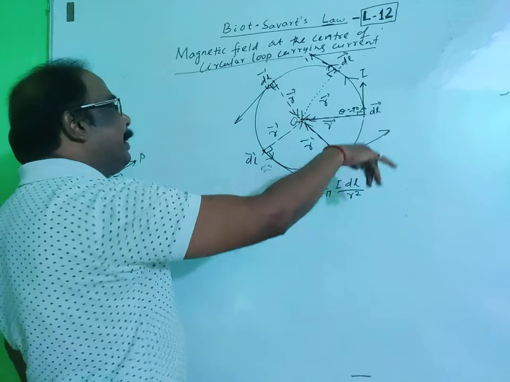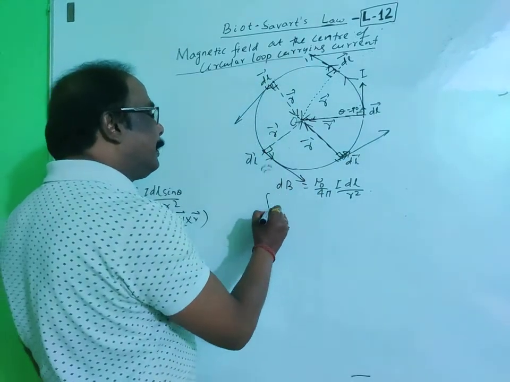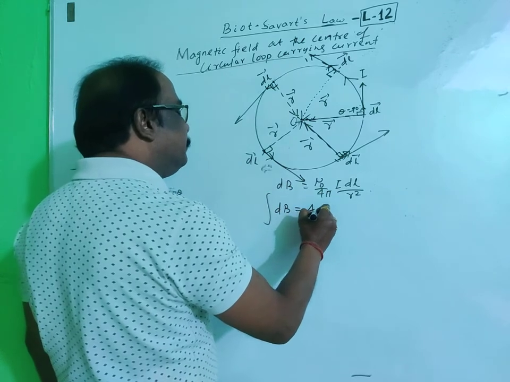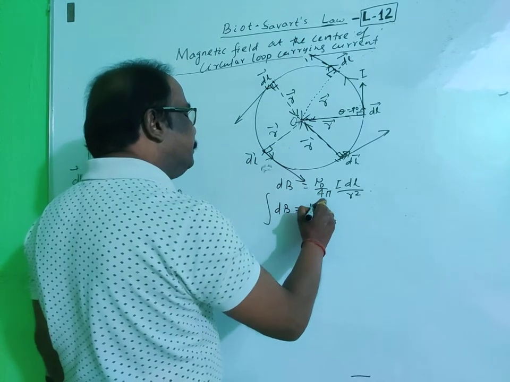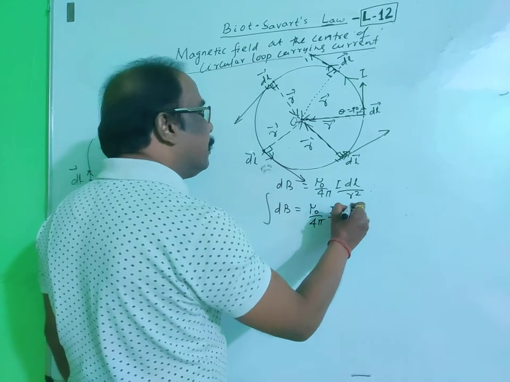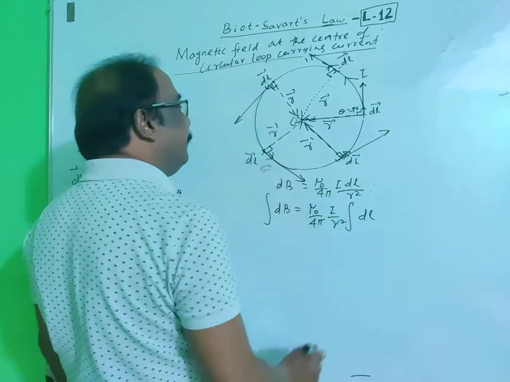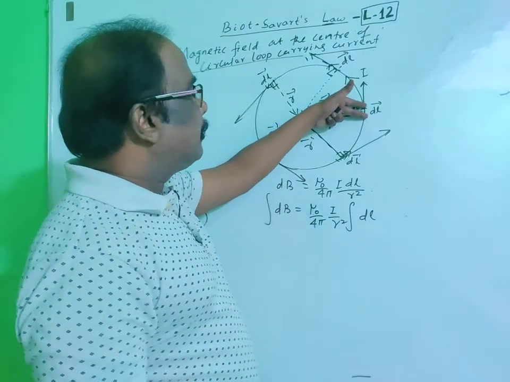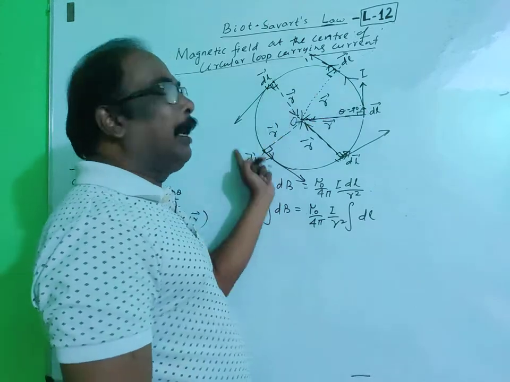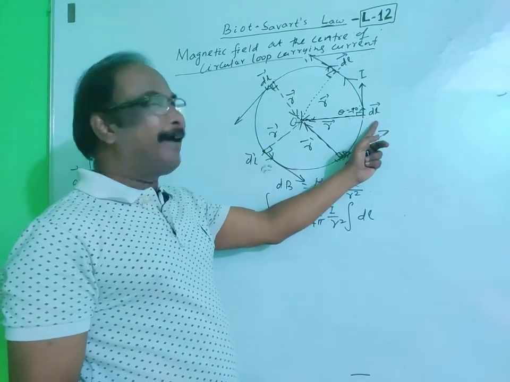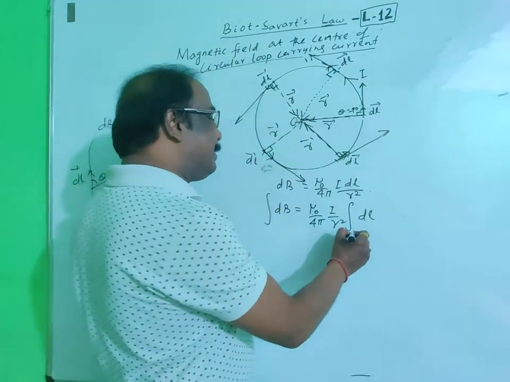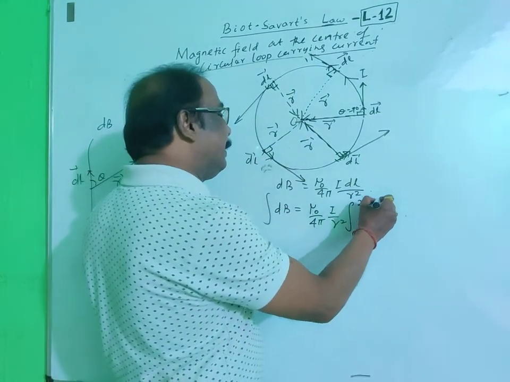To get the total magnetic field due to the circular loop, let's integrate both sides. Integration of dB is mu naught by 4 pi, I by r square constant, then integration of dl. The elemental length is dl, and we have to get the magnetic field due to the total length of the circular loop, so the length varies from 0 to 2 pi r.